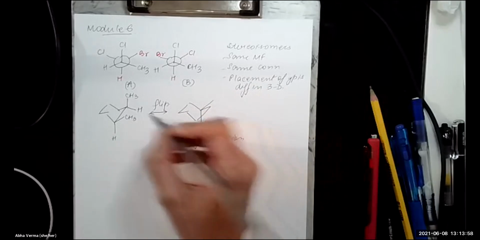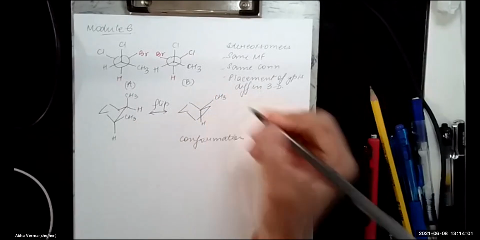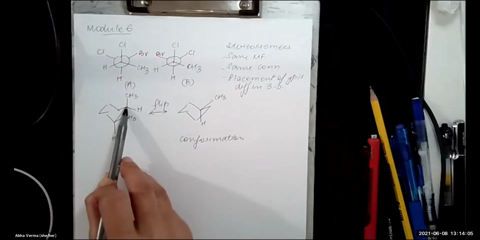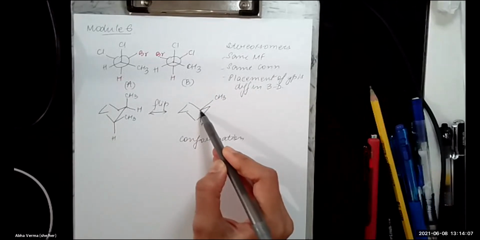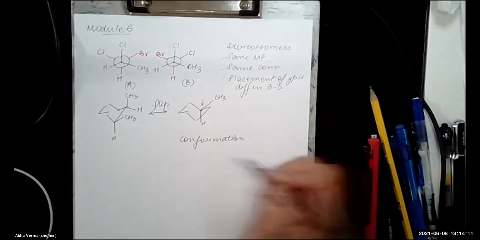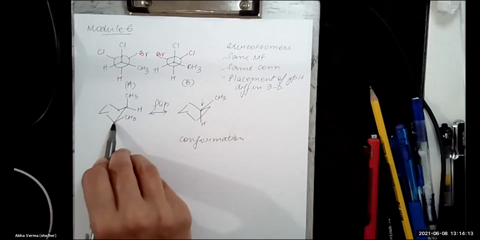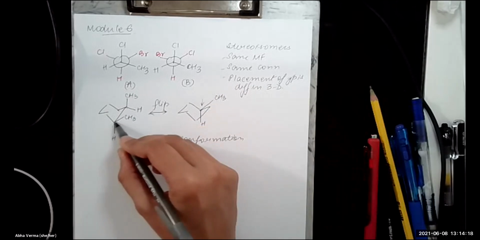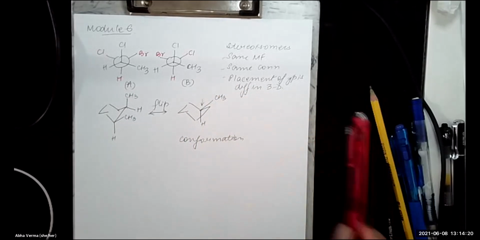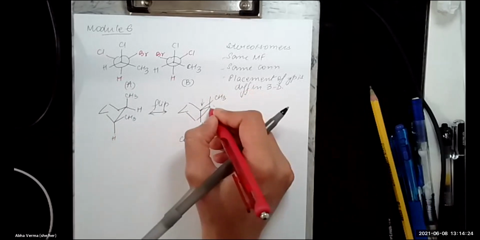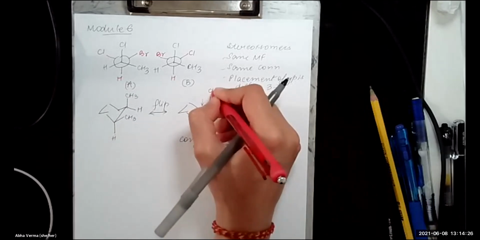So hydrogen and methyl. Remember, when I flip, the carbon which is pointing up will now be pointing down. So that is why I chose this carbon. On the other hand, this carbon, the equatorial will now become axial and my axial becomes equatorial.